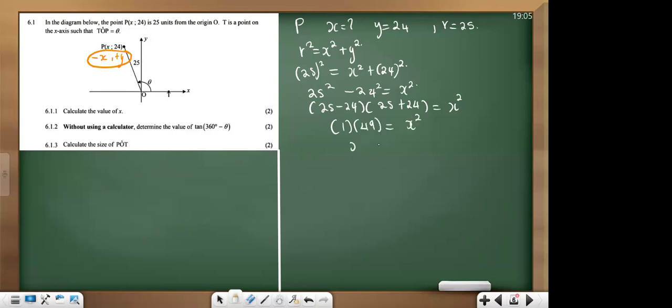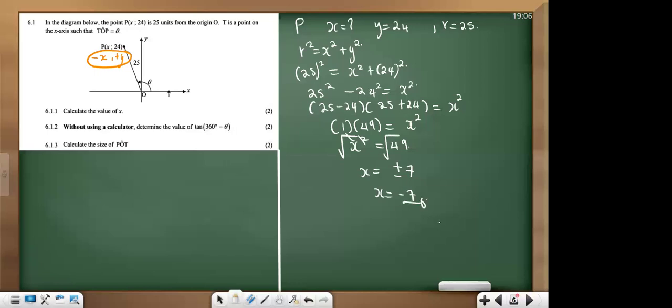So x squared equals 49. Remember, I want x, not x squared. I'm going to introduce the square root on both sides. Anything that comes under a square root should be plus or minus. Square root of 49 is basically 7. But since I'm sitting on the second quadrant, x cannot be positive. x will be negative 7.